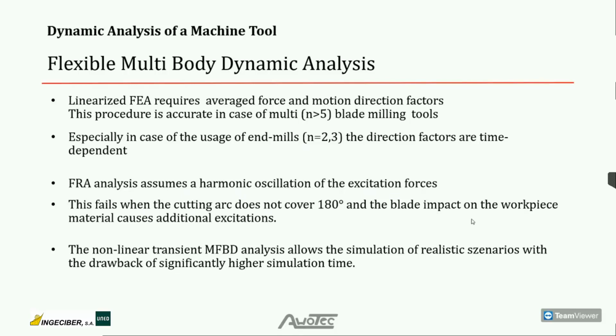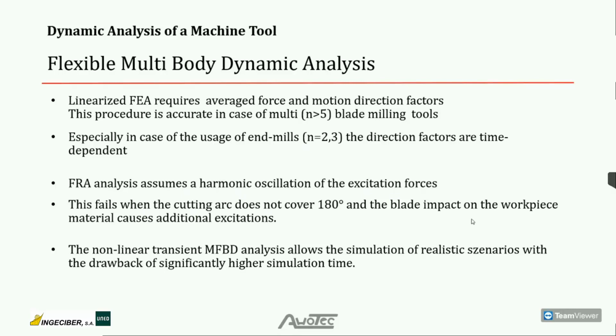In addition to the number of blades, if the milling arc, which is the angle of the tool where the cutting process acts, is not 180 degrees, then we will also see some special excitation effects. The nonlinear transient multi-flexible body dynamic analysis will allow us to include these effects in the simulation.